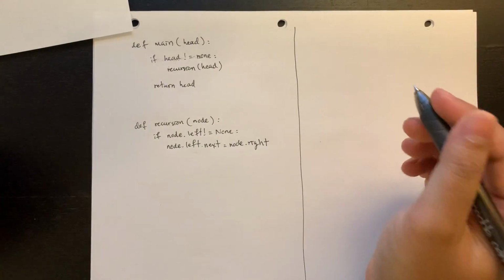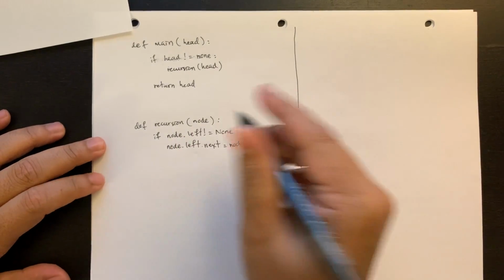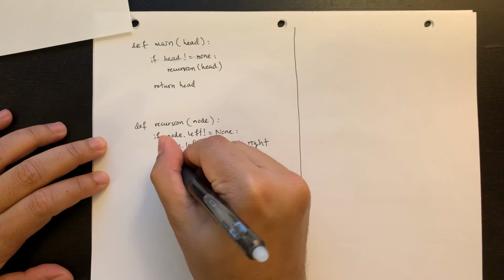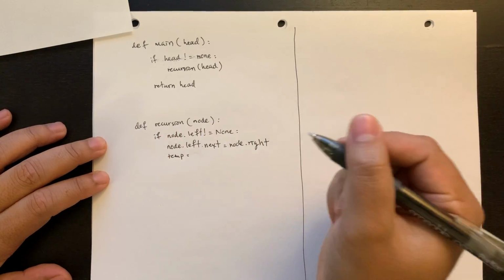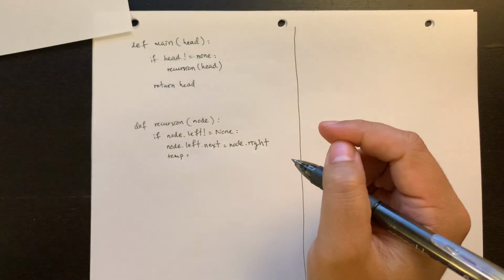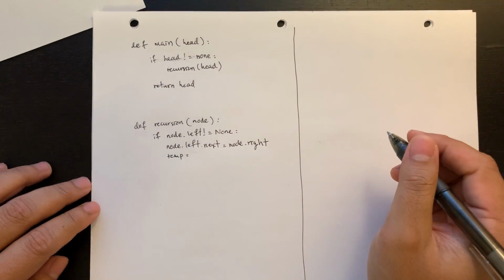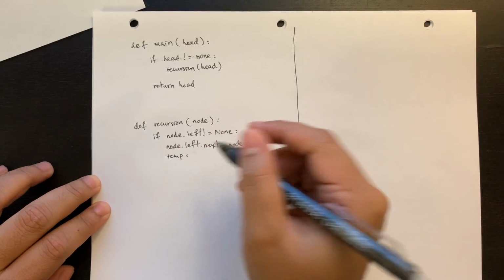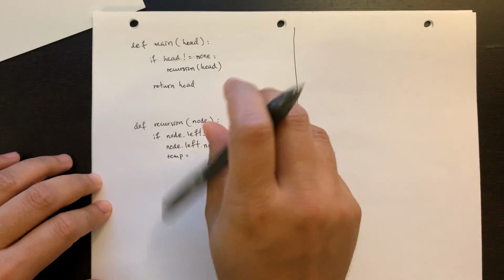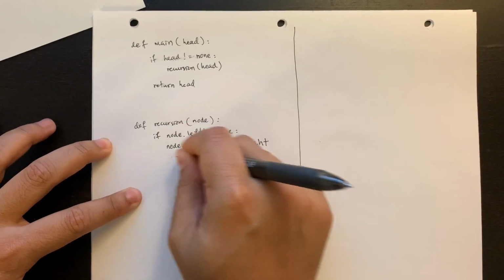Okay, and then we call a temp. We want to check if our left child has any children. So let's do temp right and temp left.